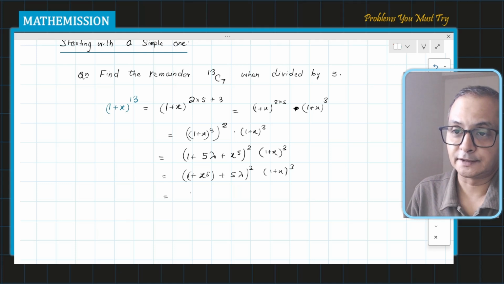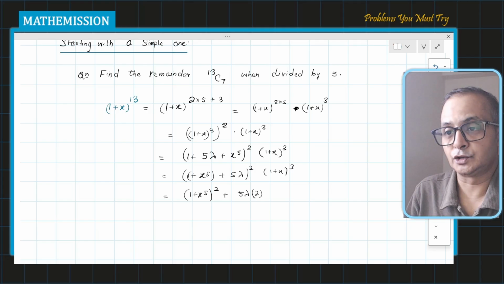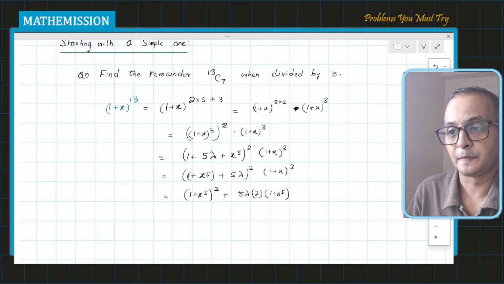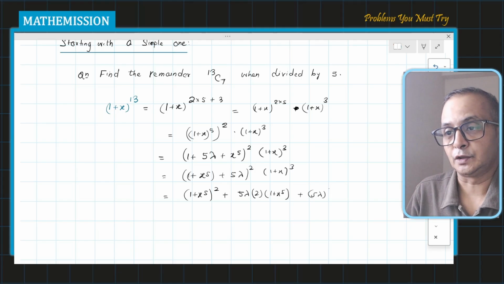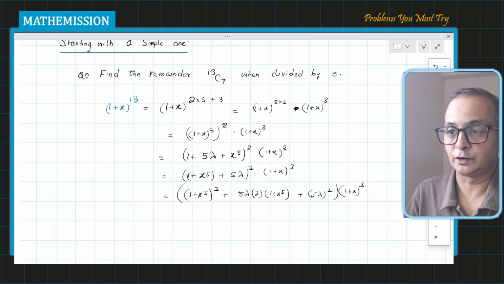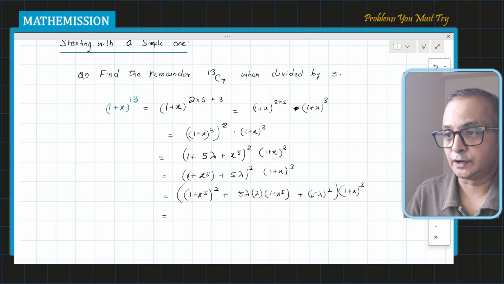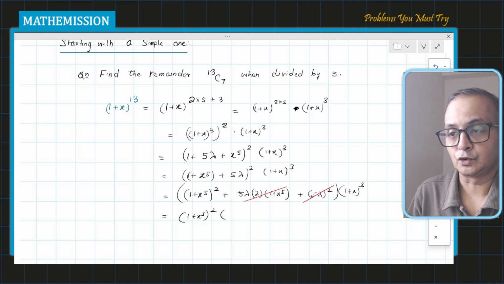So what I'm getting is ((1 plus x) to the power 5) the whole square plus 5 lambda times 2 into (1 plus x to the power 5) and again (5 lambda) to the power 2, and this thing we are multiplying with (1 plus x) to the power 3. Now what will happen if I multiply this thing there? You can notice that this is already divisible by 5, this is already divisible by 5. So what I'm left with is ((1 plus x) to the power 5) squared into (1 plus x) to the power 3.